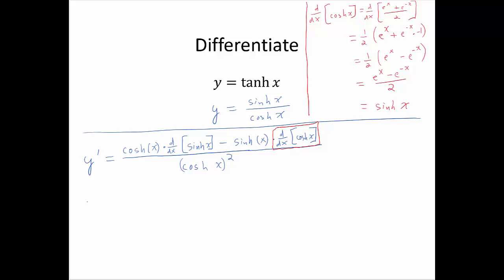Alright, so y prime would be hyperbolic cosine x. The derivative of the hyperbolic sine is the hyperbolic cosine, minus the hyperbolic sine of x, and the derivative of the hyperbolic cosine is, again, the hyperbolic sine. We just showed that. And that's over the hyperbolic cosine square of x.